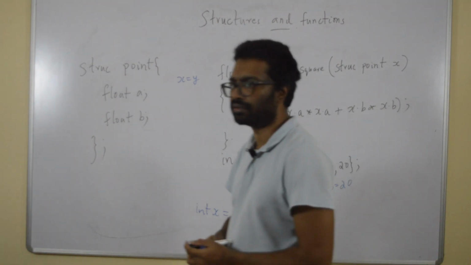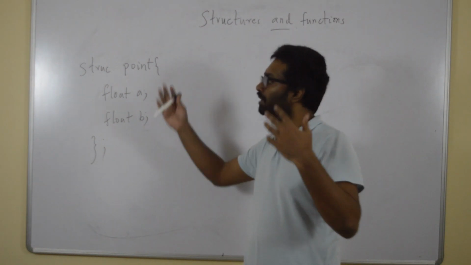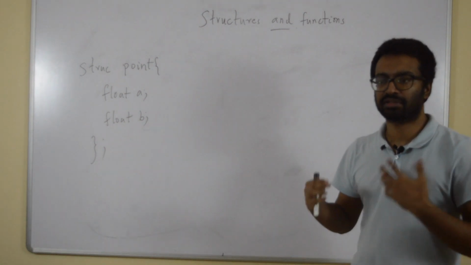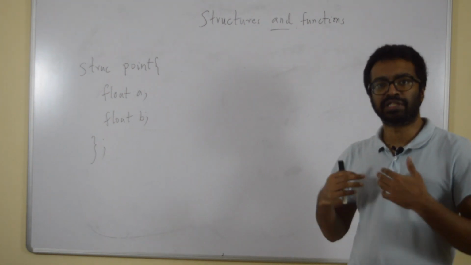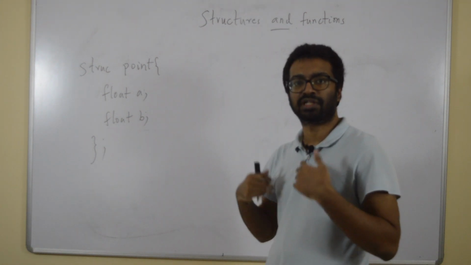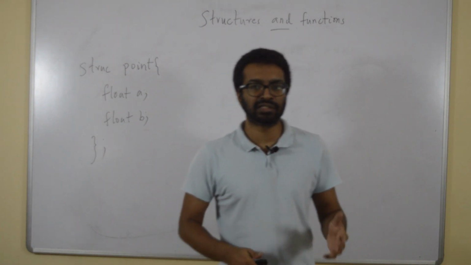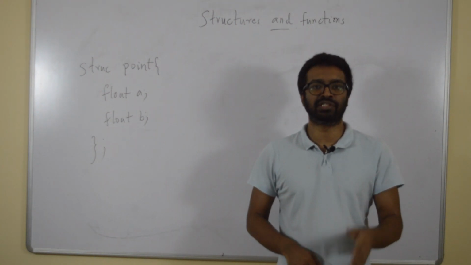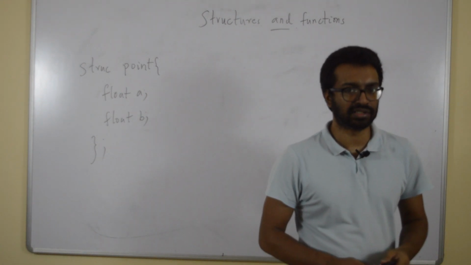Right? This is clear. Now we want to write a function which returns a structure, the same struct point. The function we are interested in takes a point struct as input parameter, and returns the vector which is the reflection of this vector on the y axis.